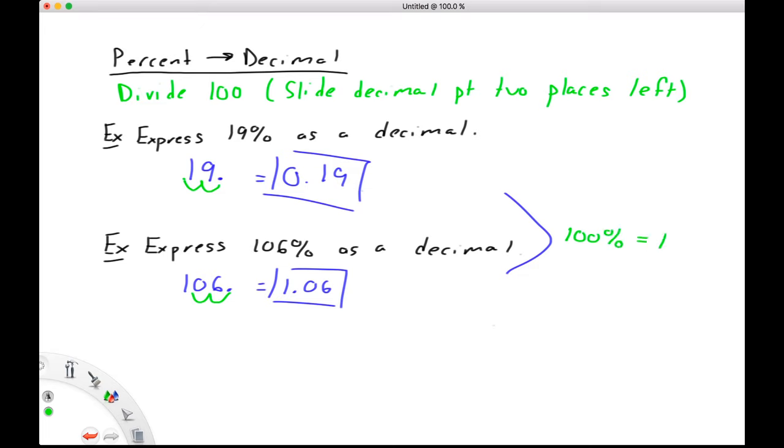So a percentage that is greater than 100% also has to be greater than 1. A percentage that is less than 100% also has to be less than 1, like we see up here. So 106% is greater than 1. 19% is less than 1. That's an important thing to keep in mind.